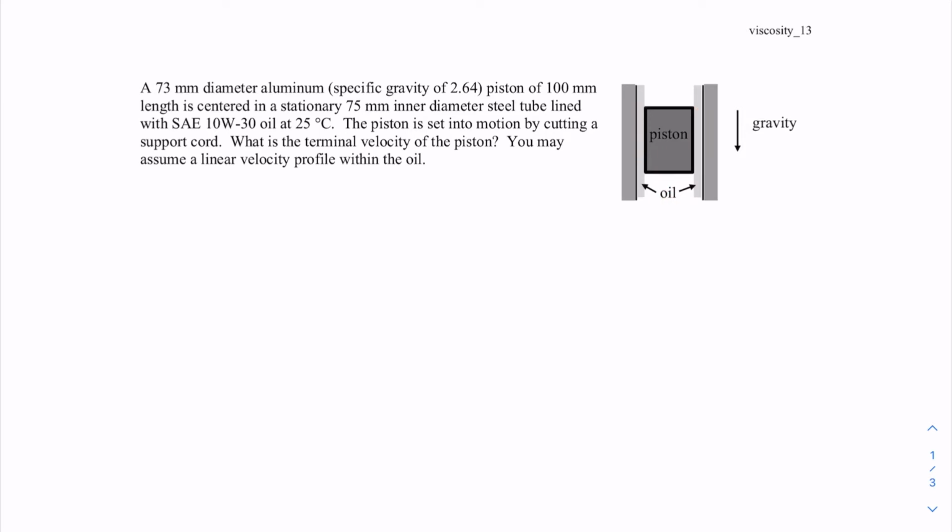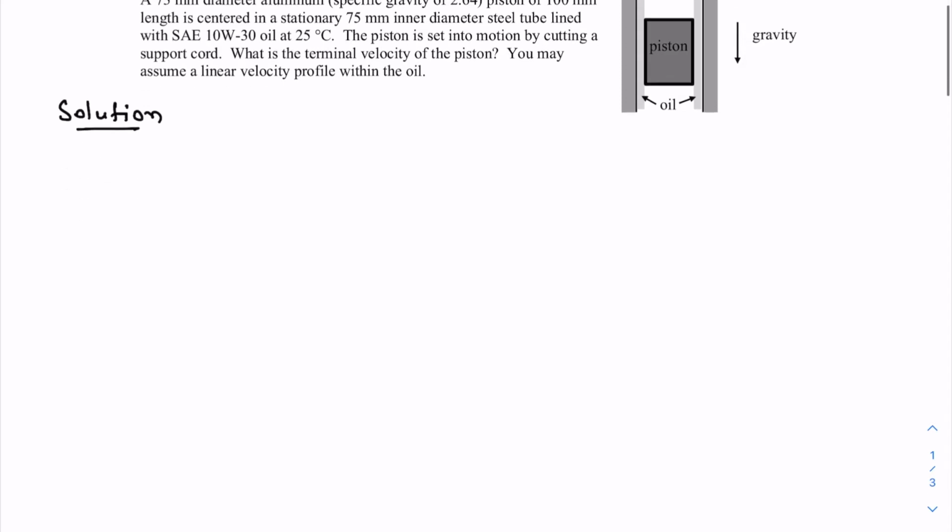So to solve this problem, let's start with the free body diagram of this piston. Consider this to be the piston. Let's introduce a coordinate system. The downward direction is Z, and since it is a cylindrical piston, this direction is R, and then we have polar direction theta.